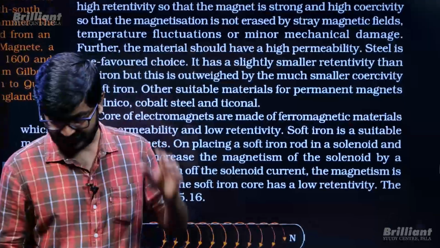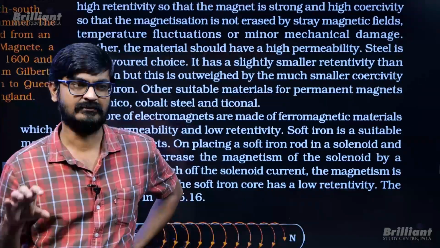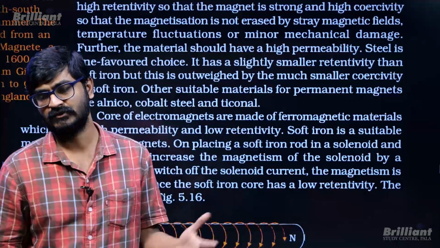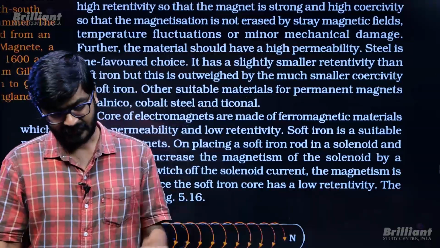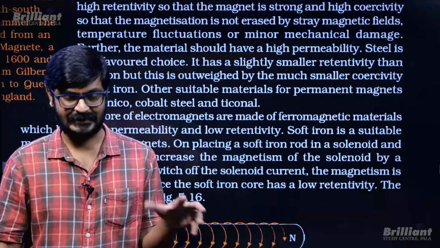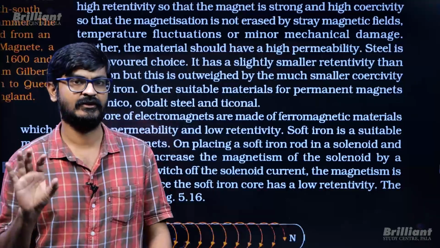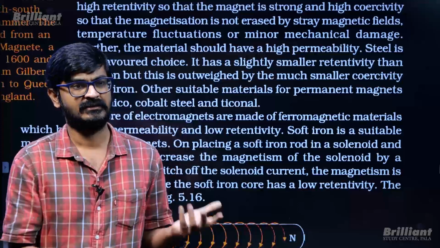Core of electromagnets are another kind of thing where when you pass the current, it must behave like a magnet. When you stop passing the current, it must come to the normal state. They are made of ferromagnetic materials which have high permeability. High permeability is always a requirement. And low retentivity. That makes sense because when you are passing current, it must create an extra magnetic field and behave like a strong bar magnet.